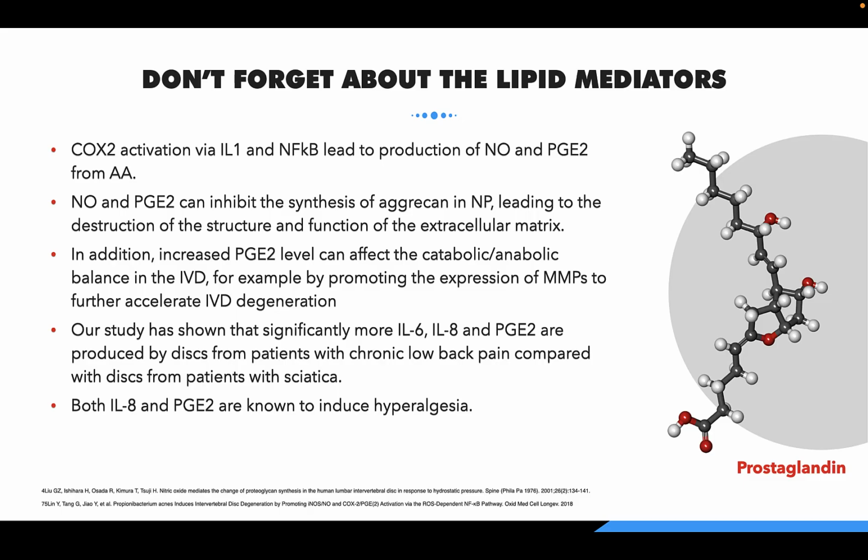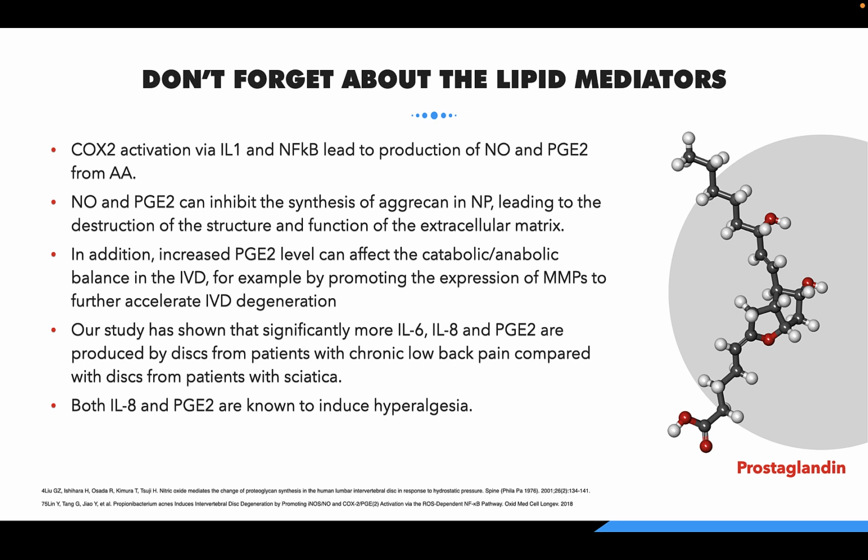Let's not forget the role that the lipid mediators play in terms of pro-inflammation. COX-2 activation via IL-1: remember, the inflammatory cytokine IL-1 activates the COX-2 enzyme and the nuclear factor kappa B pathway, leading to production of NO and PGE2 from arachidonic acid.